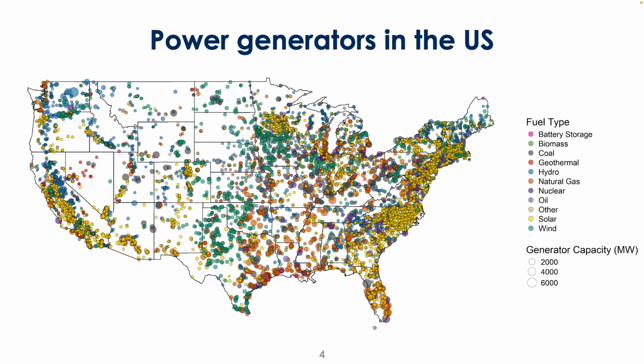Okay, and so the concept that I want to start with is, we've seen this map many times, right? This is a representation of all the power plants, power generators, in the country. So we're over here in Davis somewhere, right?